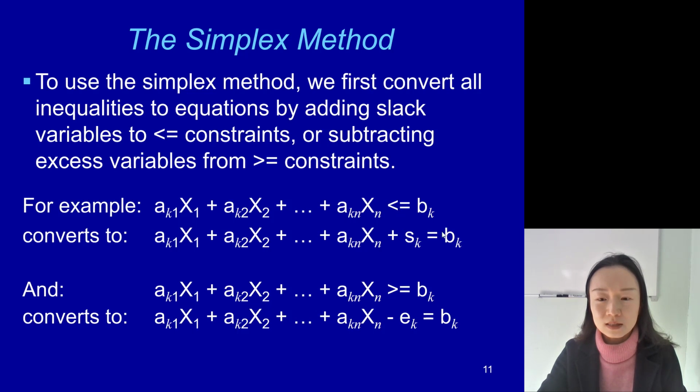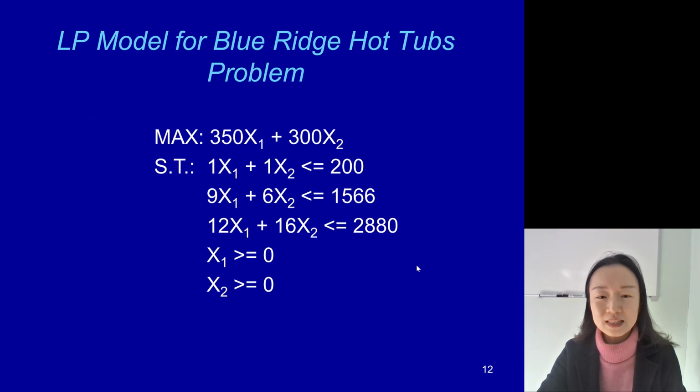The reason we convert those less than or equal to or greater than or equal to constraints to equations is so that we can solve them. For example, here we're trying to maximize this objective function, a linear combination of x1 and x2, our two decision variables, subject to 5 constraints.